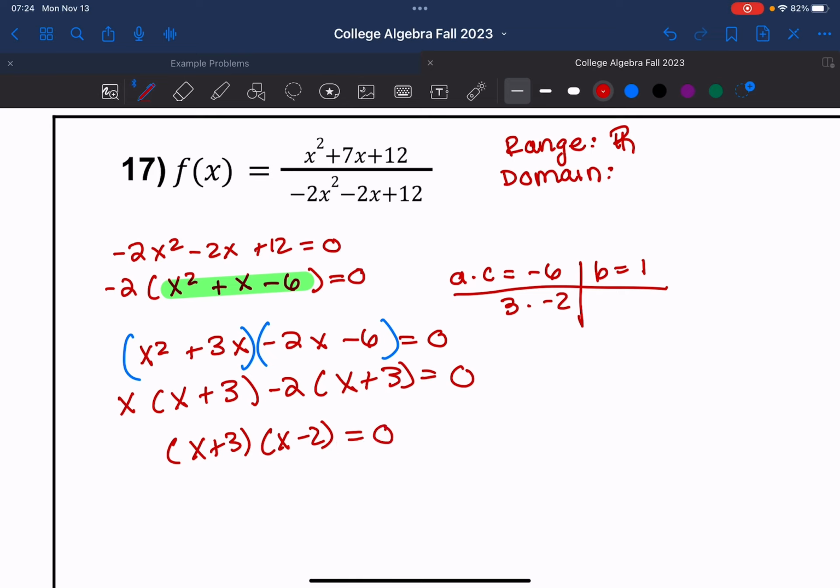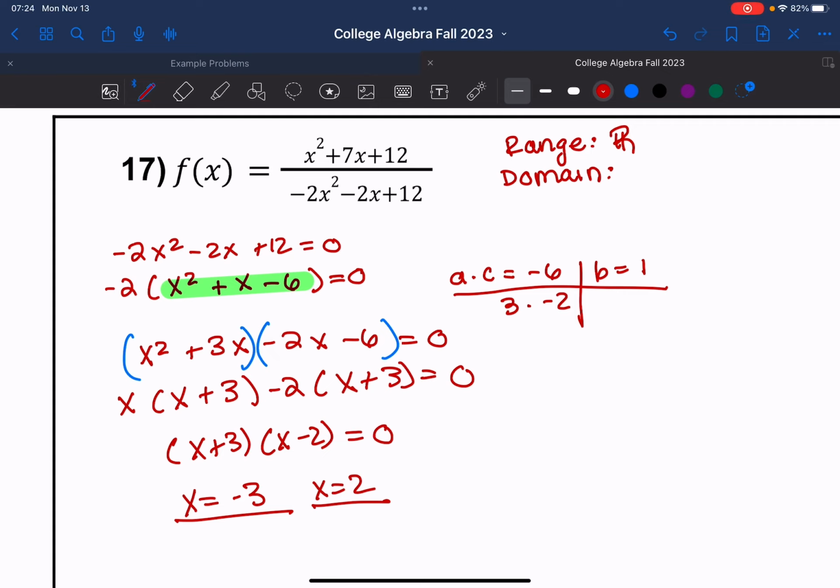So that means I have x is equal to -3 and x is equal to +2. So again, these are not my answers, these are just my vertical asymptotes. So instead of just having one asymptote, we have two. So that means instead of having one restriction, we have two restrictions.